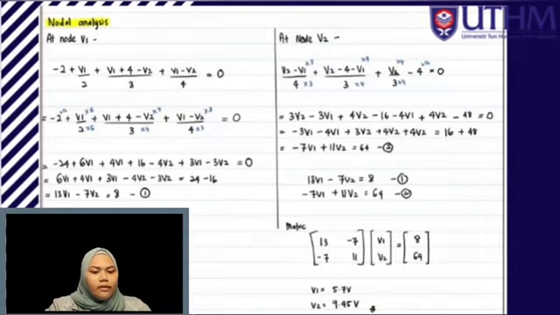So in order to get V1 and V2, we need to make it into matrix form, which is 30, minus 7, minus 7, 11 in the bracket, V1 and V2, equal to 8, 64. And the answer that we get is V1 equal to 5.7 V and V2 is equal to 9.45 V.